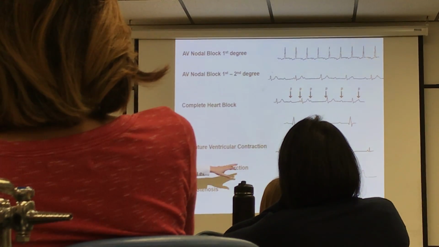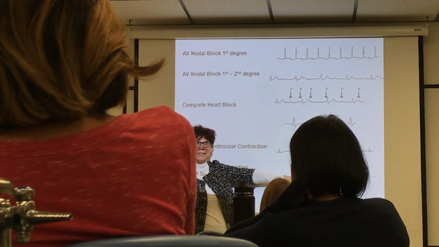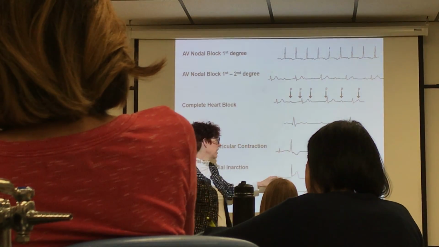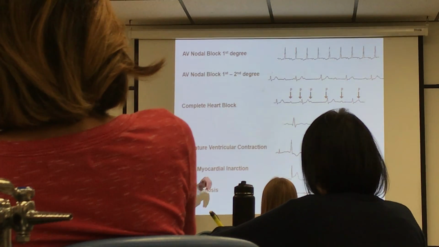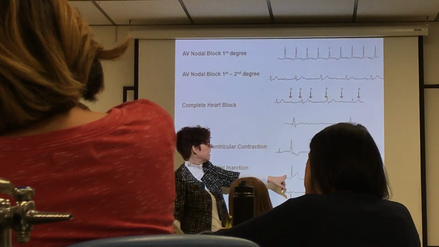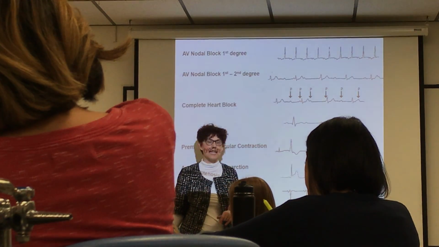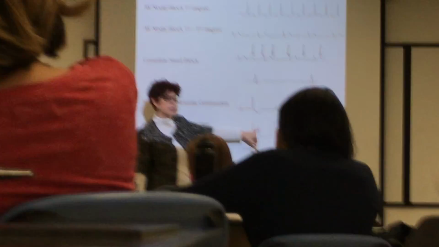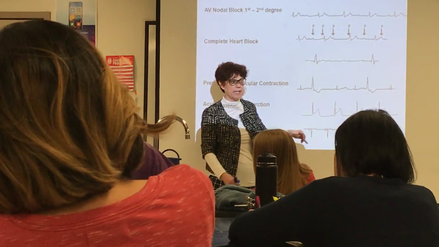Okay, notice what's different for the MI. You guys know what an MI is? It's a fancy word for heart attack. Infarction is when part of the ventricular muscle tissue has died. So what we see here is it takes longer because of that dead tissue. It takes longer for the repolarization, so we have an elevated ST segment.